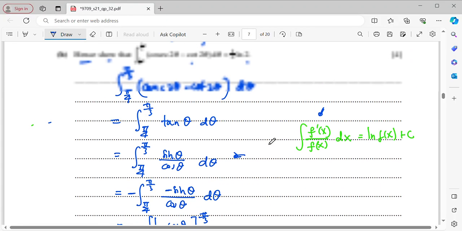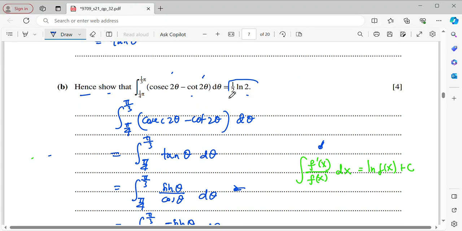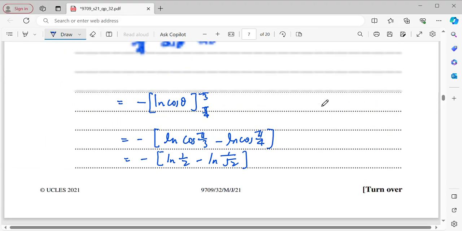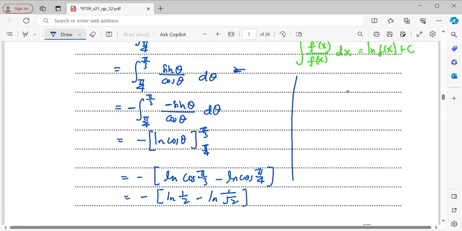Okay, so now let's see. You want to prove that it is half ln 2. So there's no negative here. What I need to do here is I will just write this equals to negative ln half plus ln 1 over square root 2.